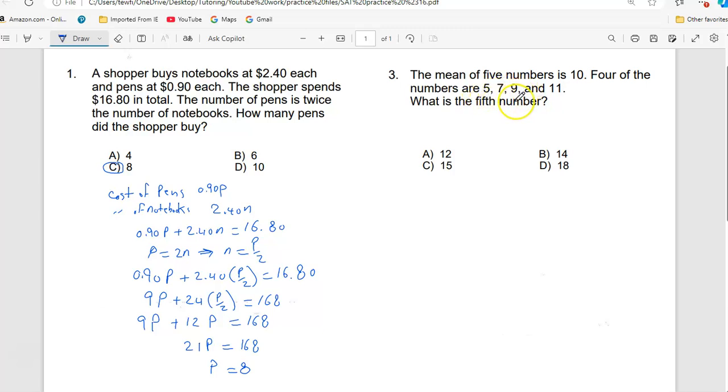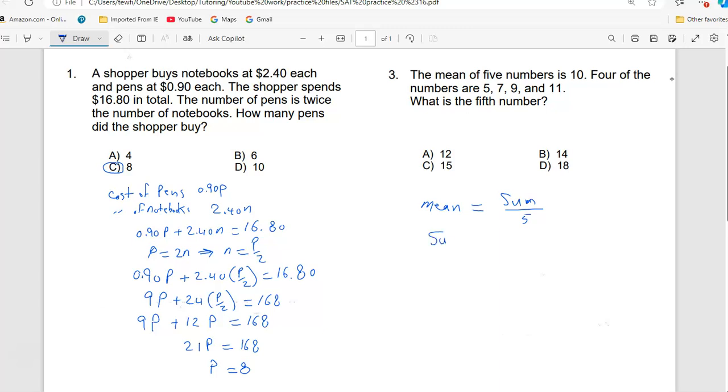What is the 5th number? What is the mean? The average is the sum of the numbers over the number of numbers. So the mean equals the sum of all numbers divided by how many numbers we have, which is 5.